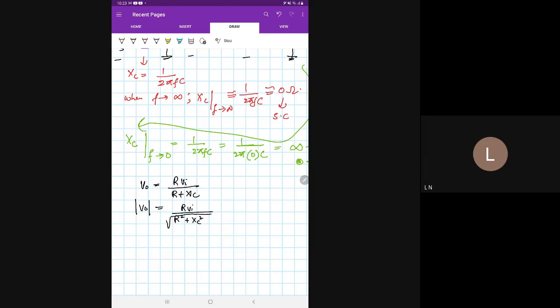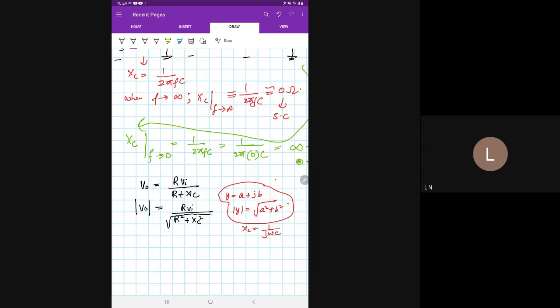Why? Because if you have a number like A plus jB, equal to, for example, Y, then the magnitude of Y is equal to the root of A square plus B square. This is how we find the magnitude. Similarly, XC is 1 by j omega C, so you have j there, which is an imaginary number.